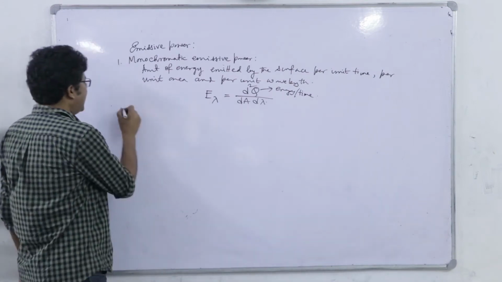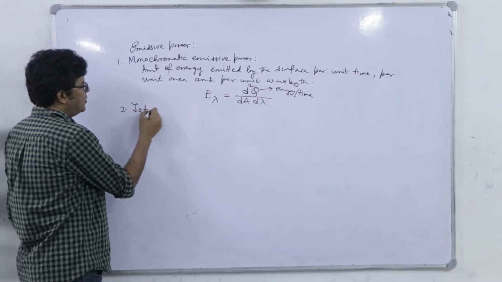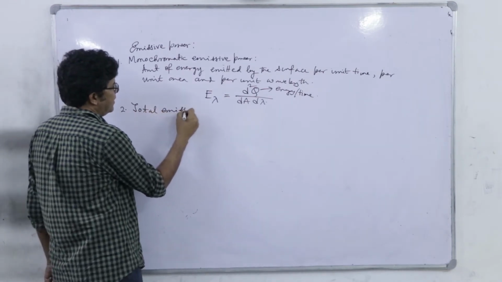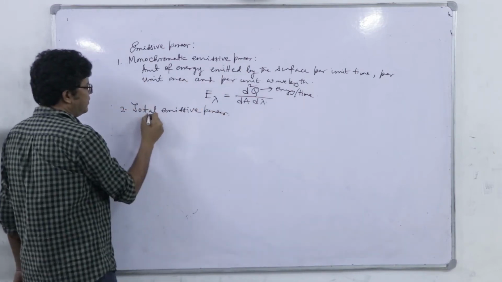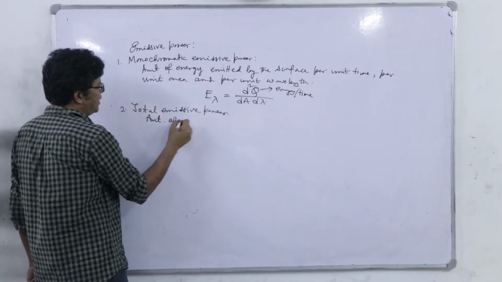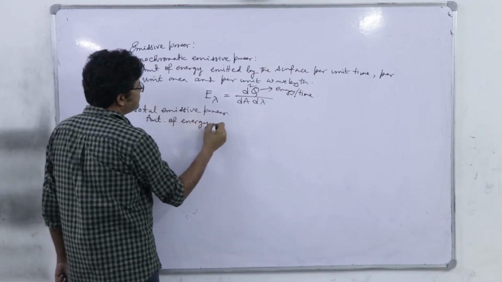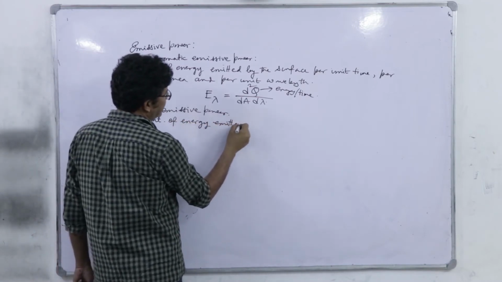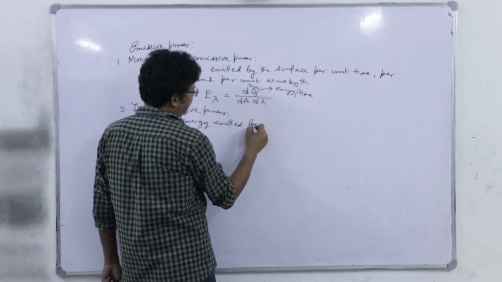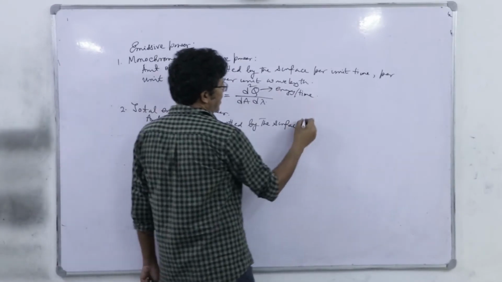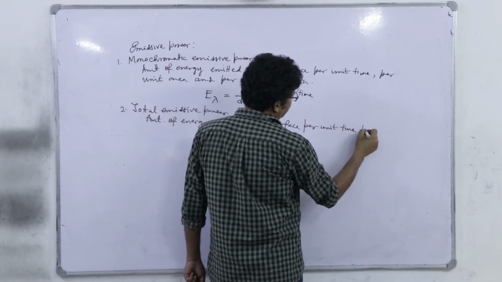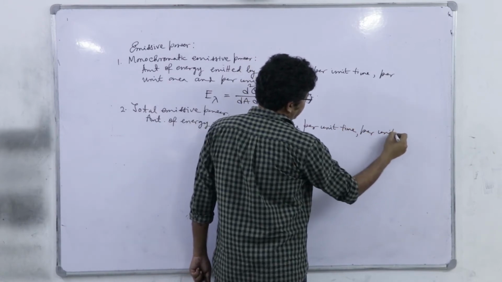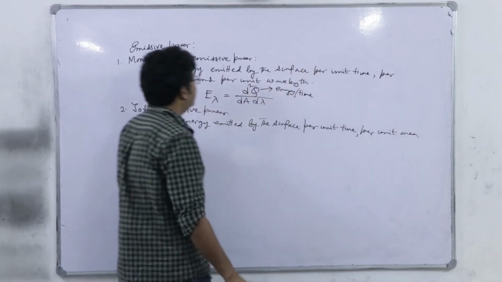So, alternative to that, we have total emissive power, and simply the same definition, amount of energy emitted by the surface per unit time per unit area, right.